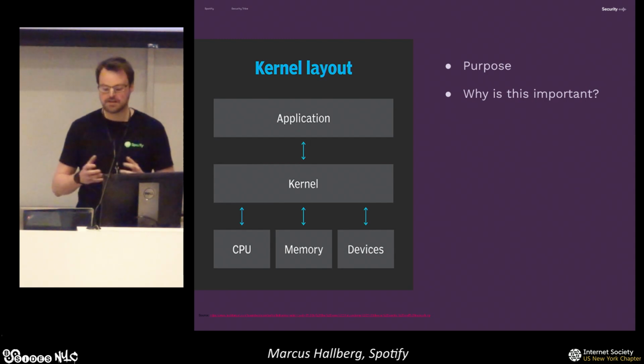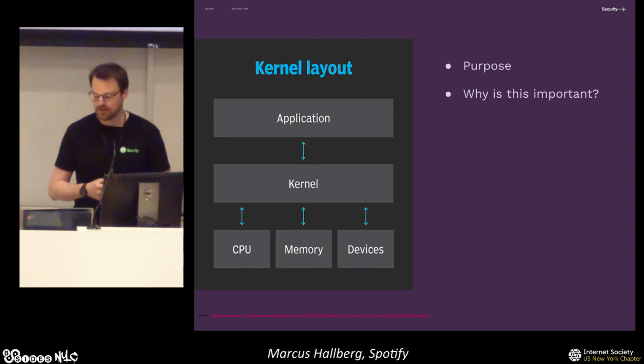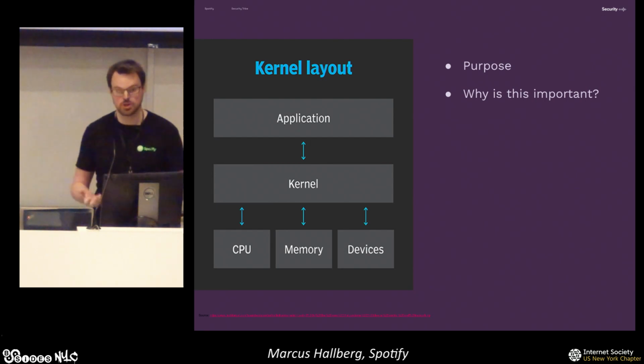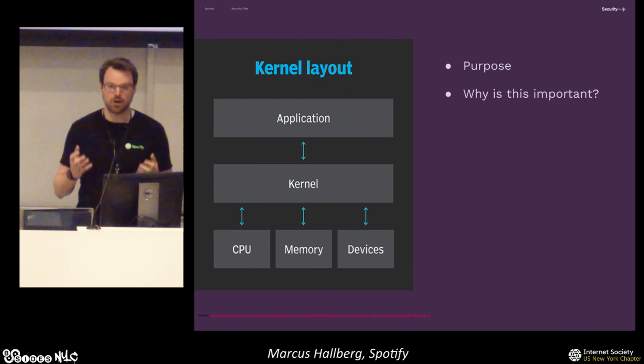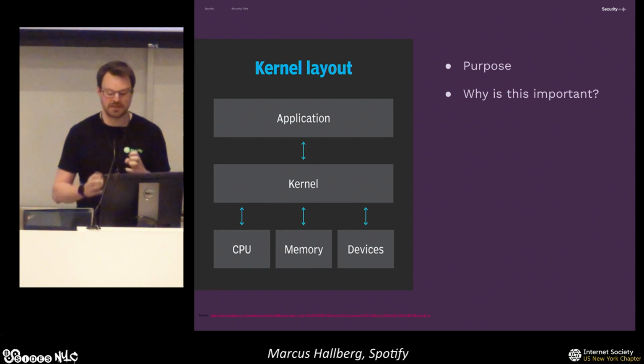So if that is the purpose of the kernel, why is this important or interesting? If we can get an insight into what is happening inside of the kernel, we can essentially understand what's happening across that entire infrastructure. So we can see all the processes that are running, we can see all of the underlying file systems being interacted with, and we get that really interesting glance into what that infrastructure looks like and what the production environment is running.